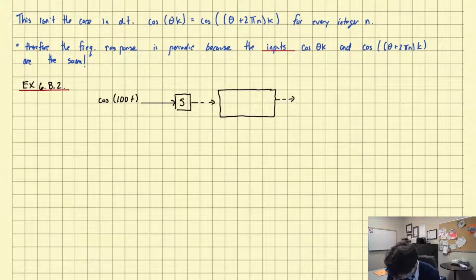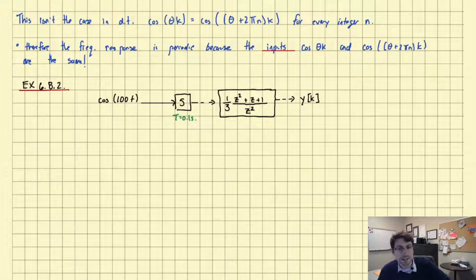Sampling period we'll take T equal to 0.1 seconds. And our discrete time system will have transfer function 1/3 times (z squared plus z plus 1) over z squared. Okay, and we want to know what the steady state output of this system is going to be.